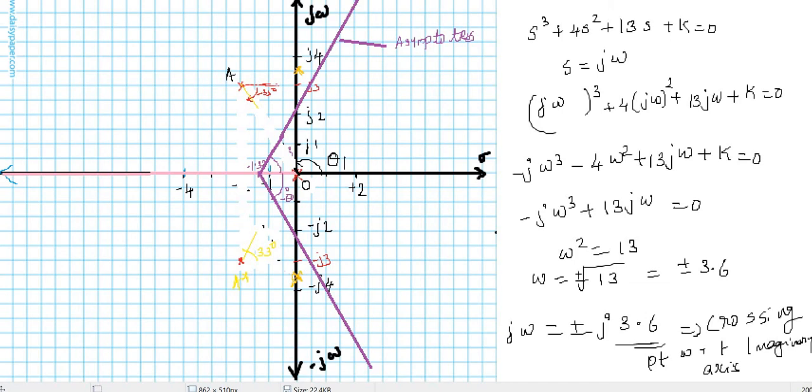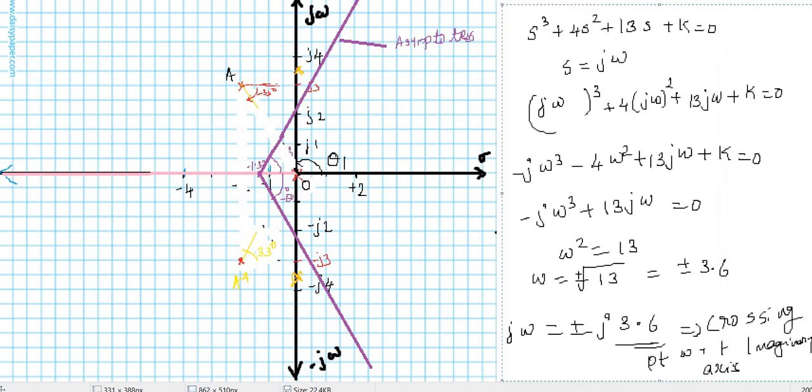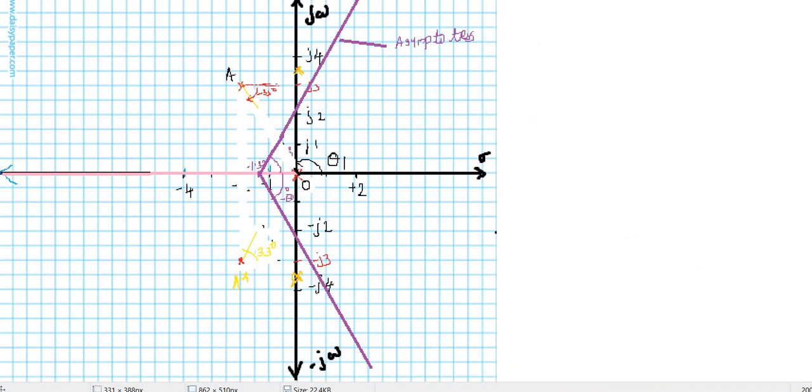Now the next step is we have to find the limiting value of k, that is, at what value of k the root locus crosses the imaginary axis. So why are we finding that? Because we are plotting the root locus with respect to the value of k starting from 0 to infinity.